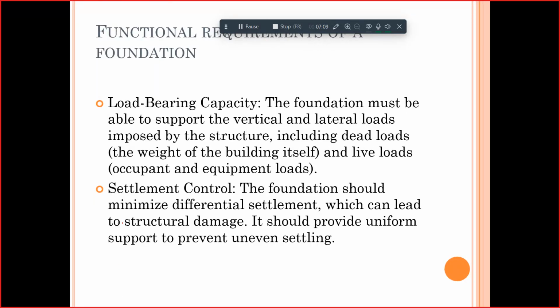The requirements of a good foundation. You can tell the ones that you know by raise of hand. Festus. We have load bearing capacity. Yeah, we have load bearing capacity. Another one. Amos. Settlement control.